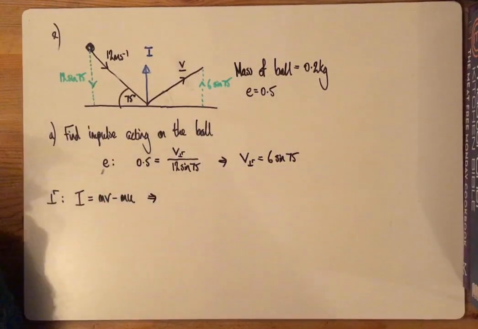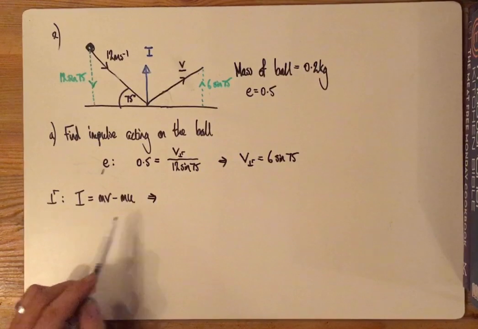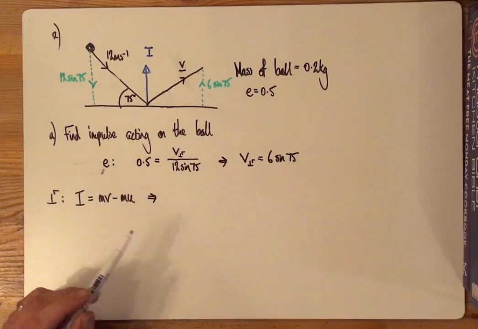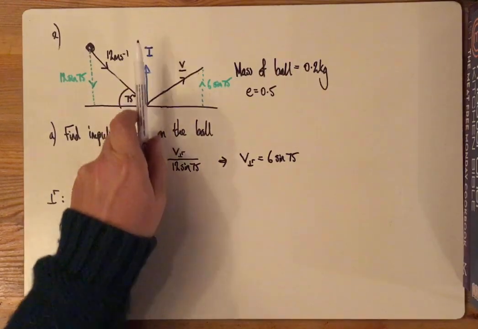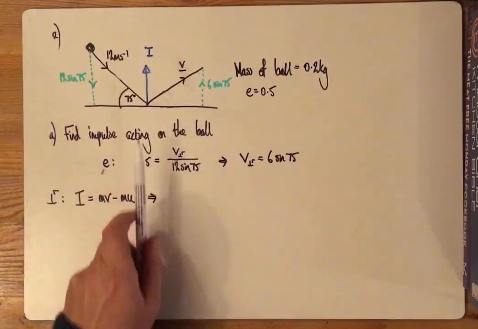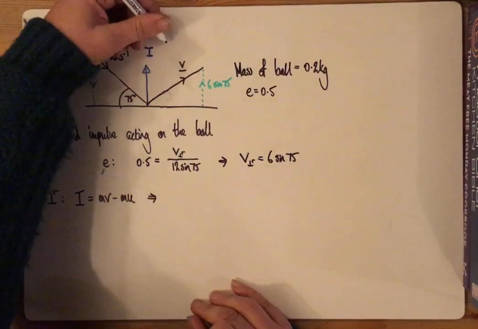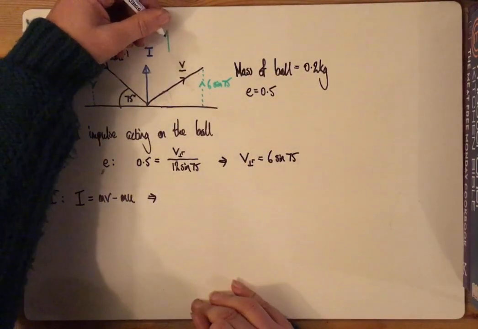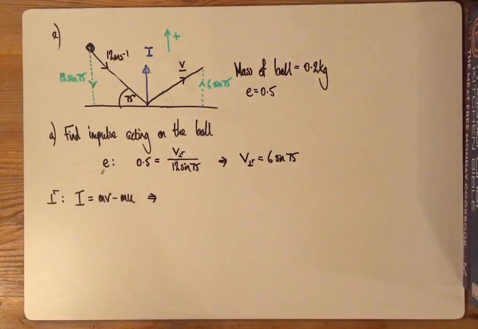The only thing you've got to be a little bit careful of here is with sign. We're not working with speeds now, we're working with velocities, and so impulse does have a direction. But because we're just working perpendicular to the plane, we're just in one dimension again, and so you need to take a direction as being positive, and it would make sense for the positive to be in the same direction as the impulse.